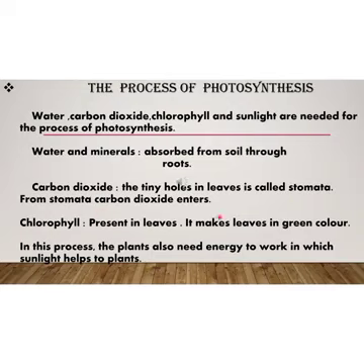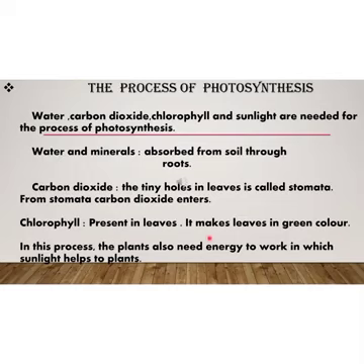Now chlorophyll is also important in the process of photosynthesis. Because of the chlorophyll only, the leaves are green, and in autotrophic nutrition, when the leaves are green, only then can the process of photosynthesis occur. Chlorophyll is present in leaves. It makes leaves green in color.